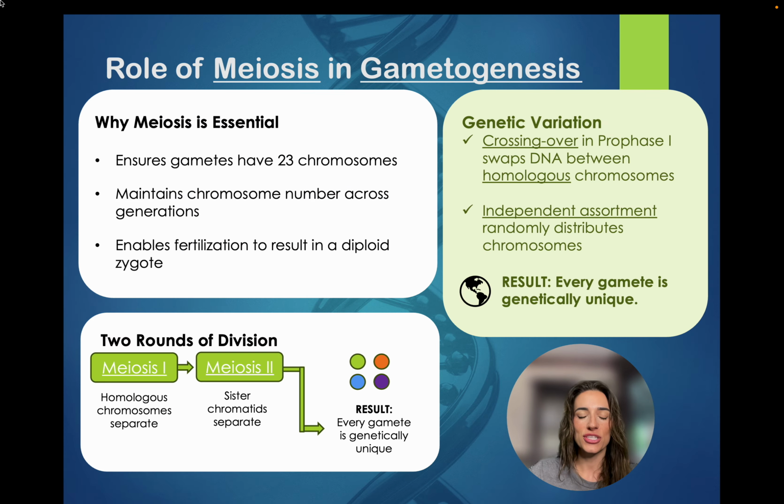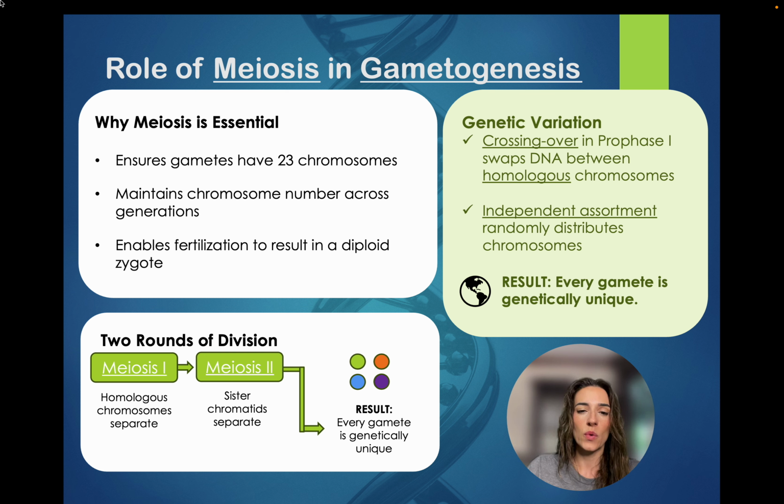All right, so now that we understand why gametes carry only 23 chromosomes, let's look at how that reduction happens. This brings us to meiosis, the process that makes gametes during gametogenesis. Most body cells are diploid with 46 chromosomes, but gametes must be haploid with 23 to maintain the chromosome count across generations. Meiosis is a special type of cell division with two rounds: meiosis 1, which separates homologous chromosomes, and meiosis 2, which separates sister chromatids.